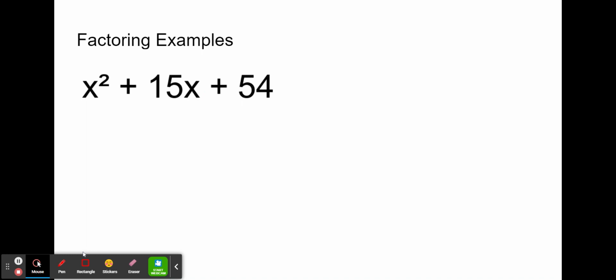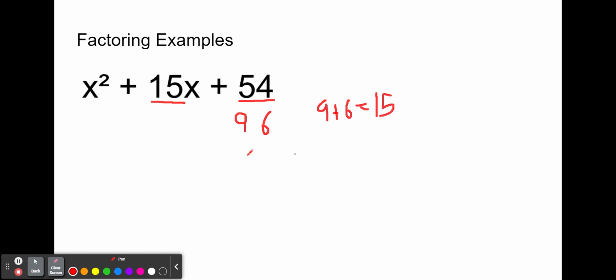All right, next, some examples for factoring. So x squared plus 15x plus 54. Looking at this, we know that they have to multiply to 54 and add to 15. So we can look at multiples of 54, and the first one I and a lot of other people probably can think of are 9 and 6. And 9 plus 6 just so happens to be 15.